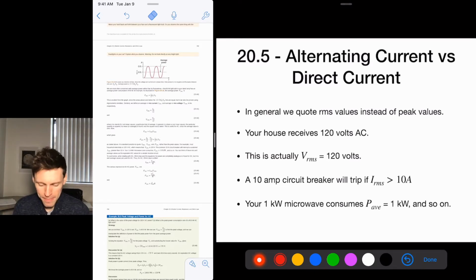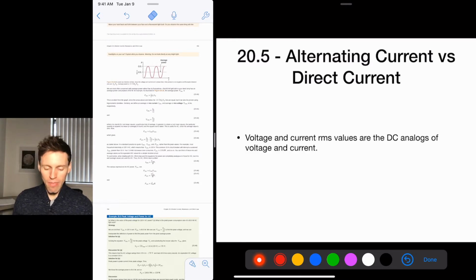In your house, when you look at the power rating of your devices, like when you buy a TV, there's usually the Energy Star rating of its energy usage. That's using the average power, average voltage and average current, so the RMS values. Voltage and current RMS values are the DC analogs of voltage and current.